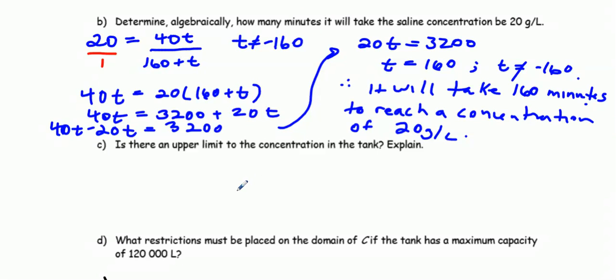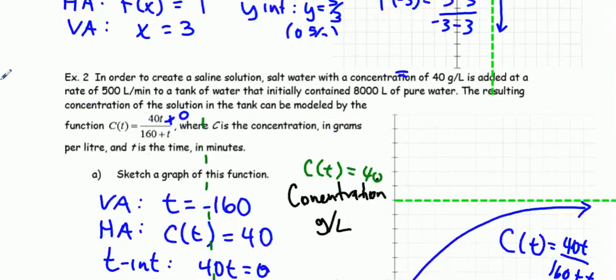All right, is there an upper limit to the concentration in the tank? Explain. Well, let's just go back and reread the question for a second. It says they are creating a saline solution by adding salt water that has a concentration of 40 grams per liter to a tank at a particular rate. And the tank initially contains 8,000 liters of pure water.